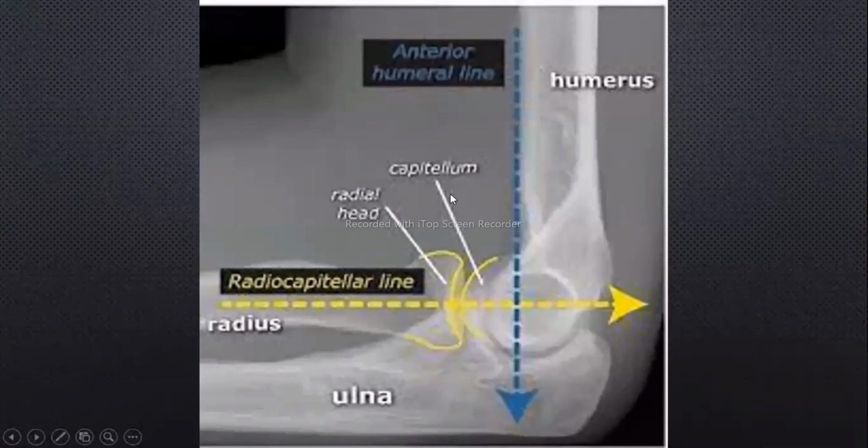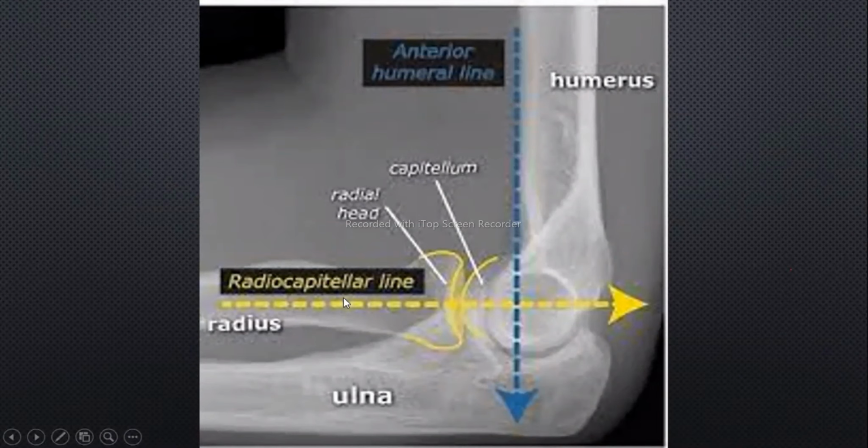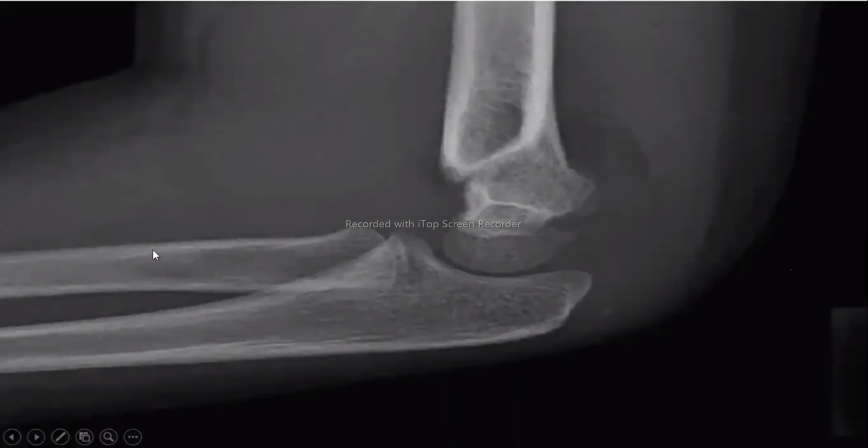The second line, what is it called? Radiocapitellar line. Yes. Should transect the capitellum. It will be in the center of the radius, and should transect the capitellum. If you draw a line here in the center of the radius like that, will it transect or not?